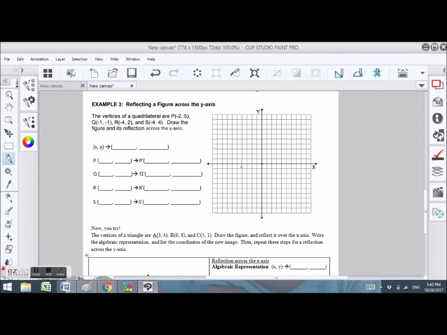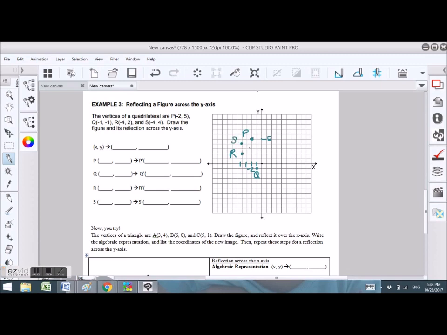So let's start with P. So negative 2, 1, 2, 3, 4, 5. Q, (negative 1, negative 1). So Q is right here. P, Q. R, (negative 4, 2). And then S, (negative 4, 4). 1, 2, 3.